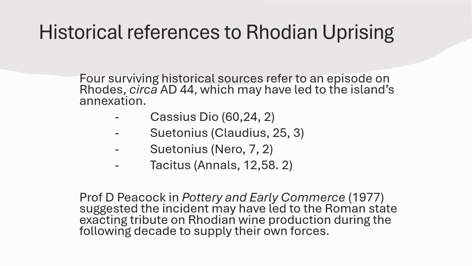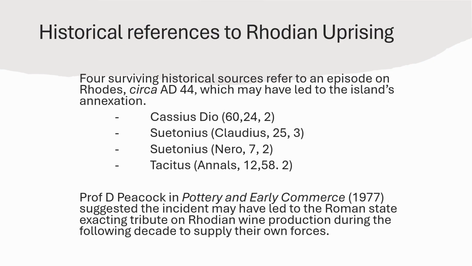The only one of those that really does more than simply acknowledge Rhodes became a province in AD 44 is Dio. And Dio, in a single sentence, explains that the Rhodians lost their independence as a result of impaling certain Roman citizens.